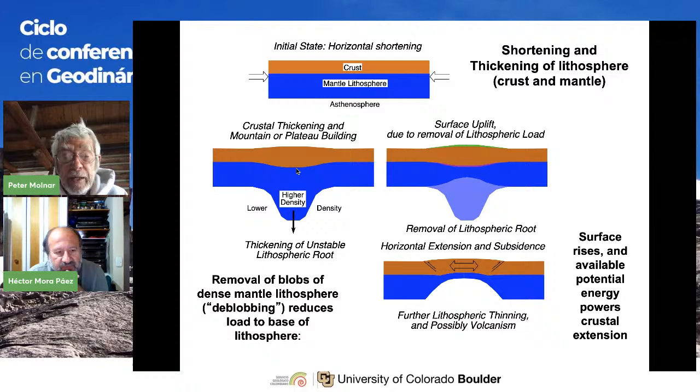But where you can thicken both crust and mantle lithosphere back inland, as you can in the Andes, then I would expect this phenomenon could happen. For instance, I don't think it has, but I could imagine it might happen under the Eastern Cordillera of Colombia. I can imagine that it might happen under Japan, on the west side of Japan, and certainly along the central Andes of South America, no problem.